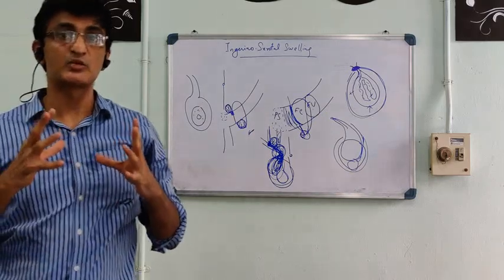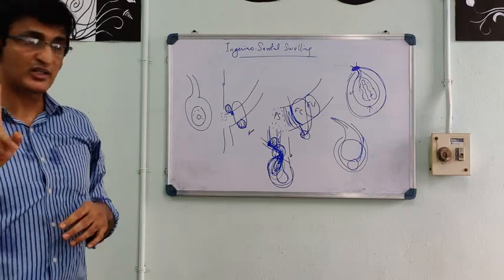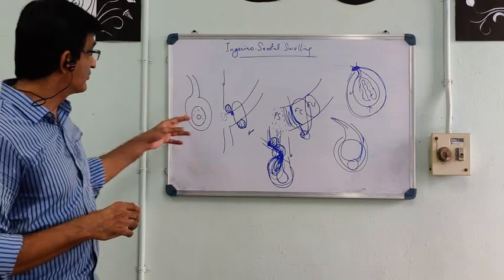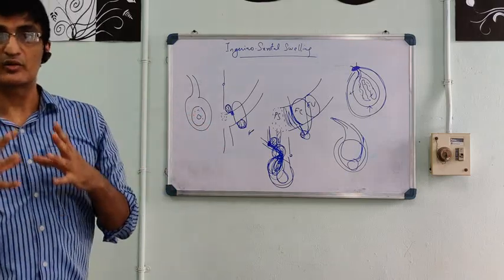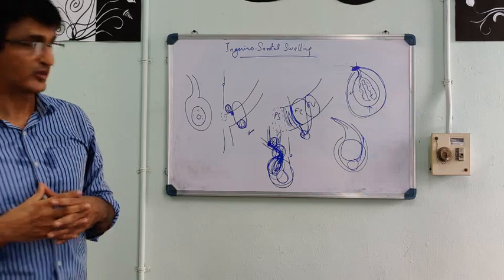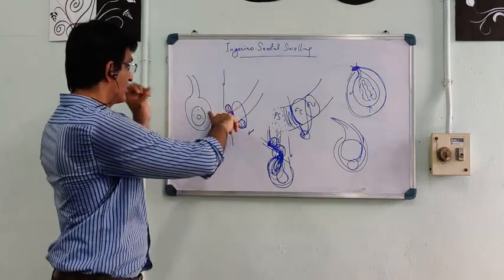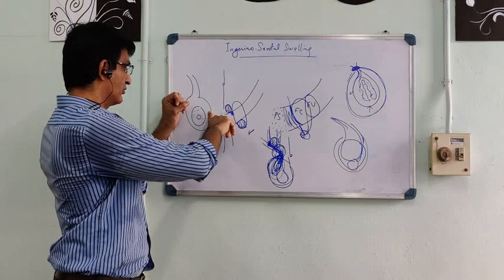Next test is transillumination. Three things should be satisfied to get transillumination. One is it should be a cystic swelling, the fluid should be clear, and the cyst wall should be thin or translucent. Then only you will get transillumination. What do you do? Put a torch here. You can use some dark tube to visualize the transillumination.